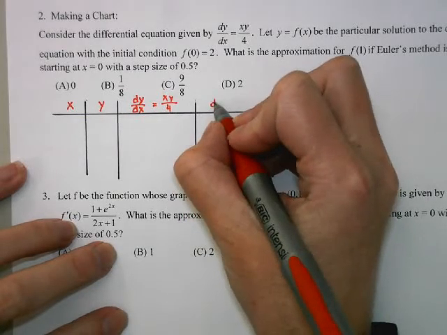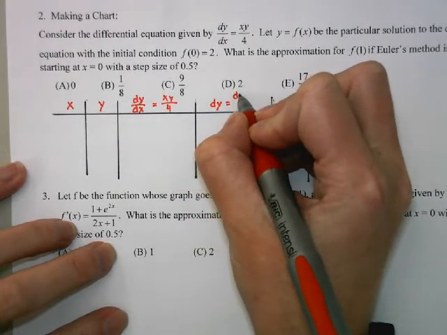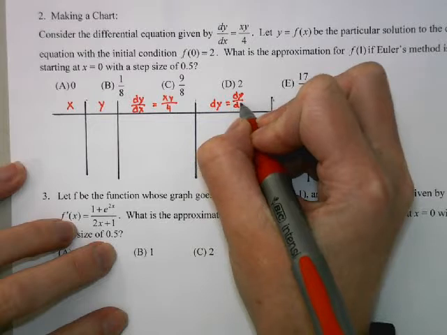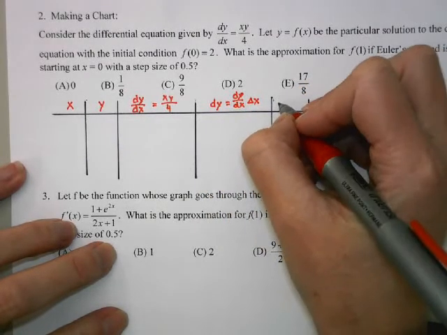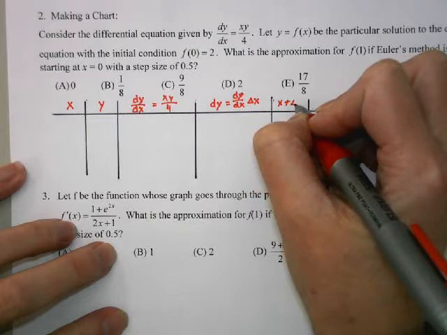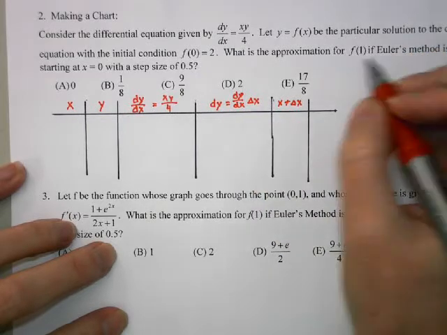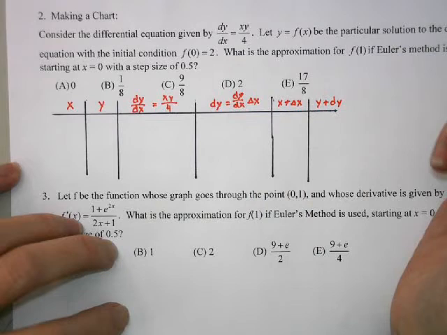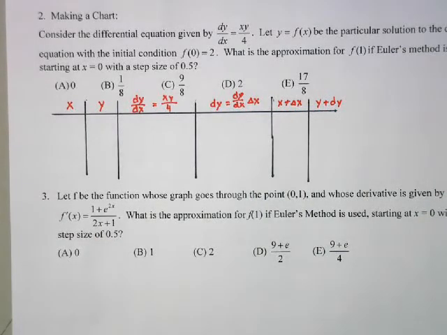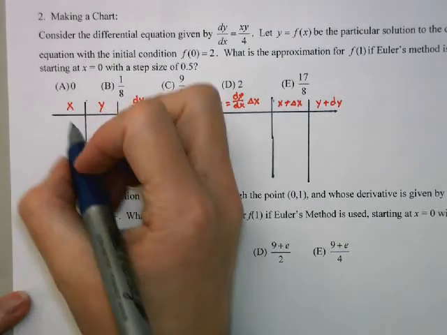Then we're going to calculate our dy, which is going to be dy/dx times delta x, and that's going to give me my new x, which is x plus delta x, and my new y, which is going to be y plus dy. So this process is going to do the same thing that the tangent lines were doing, just broken down a little bit.